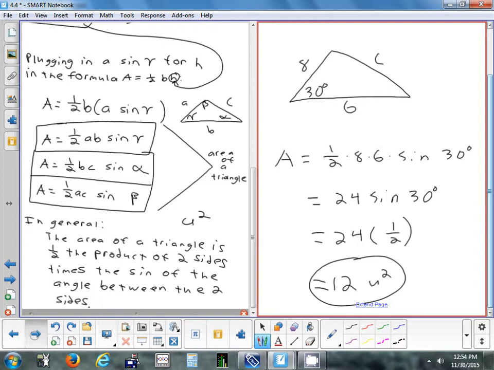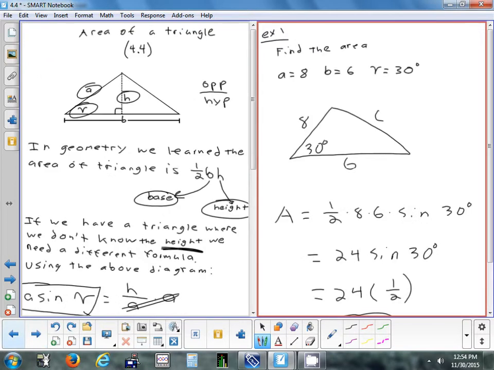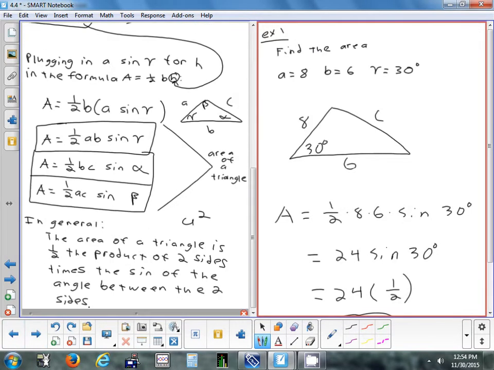All right, let's take a look at this one. Find the area. This time they did it as a diagram. Did they give me the correct information to find what I want to find? Yeah, and even if you get rid of that stuff, it doesn't matter. You don't need to know what version of the formula you're using.